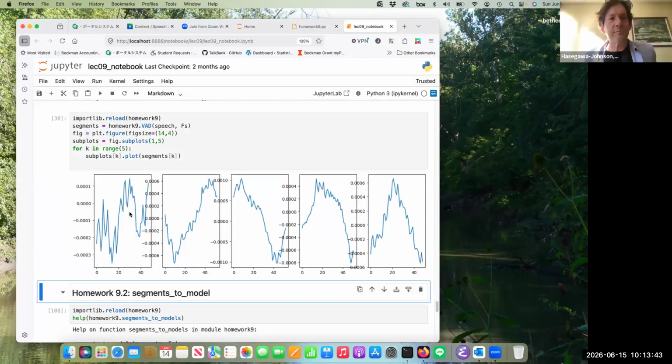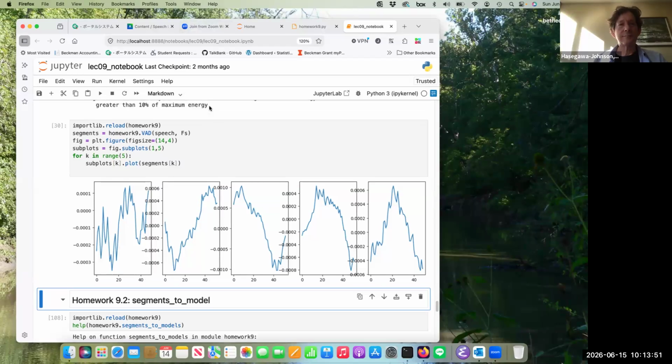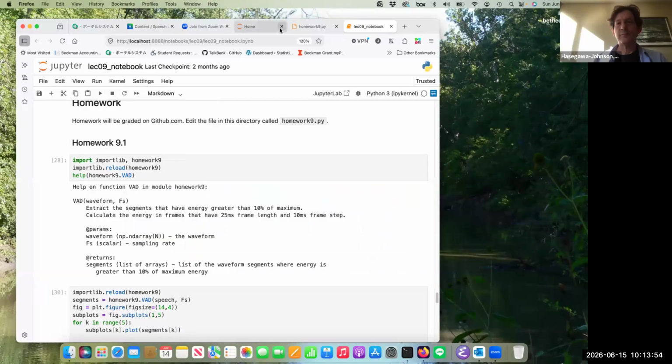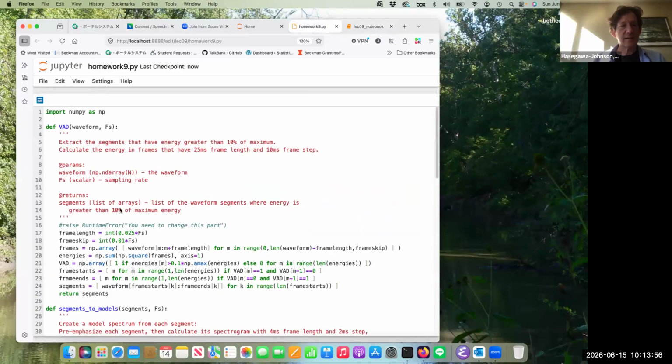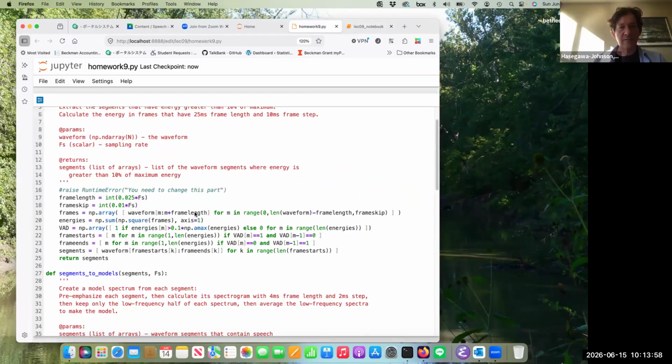That doesn't look right. In fact, each of those frames is only 40 samples long. Let's go back here. We have each waveform segment is frame length long.